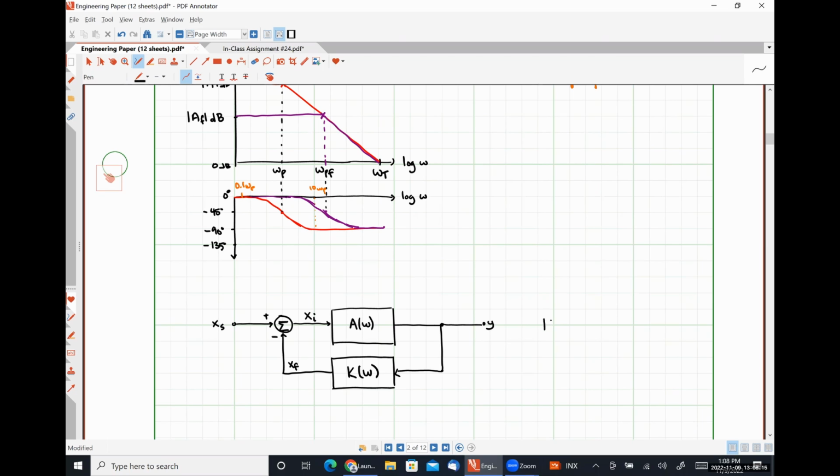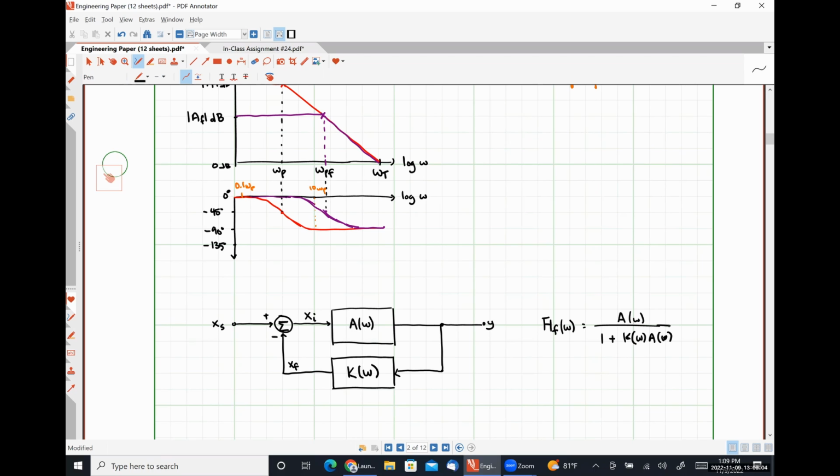And our transfer function, so our gain with feedback as a function of omega, should be A of omega, where that represents our open loop gain as a function of frequency, times 1 plus K omega A omega. Our general form, okay?